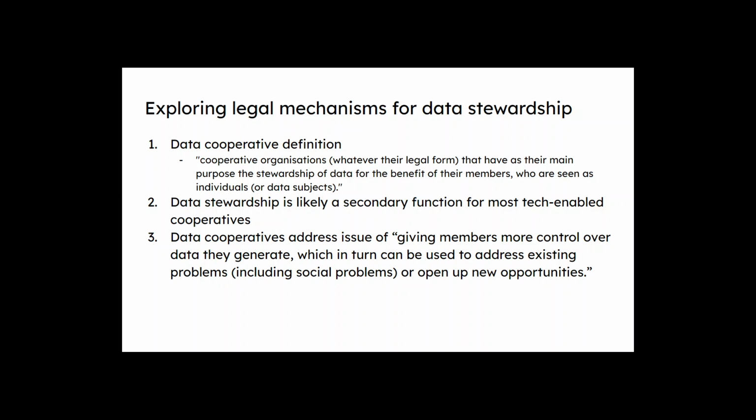I know it's not necessarily mentioned in the definition, but they do mention in the paper that there could also be altruistic or social benefits which are sought in addition to benefits directly for members. Really interesting definition there. Pretty straightforward, and pretty similar to the other definitions you'll see for a data cooperative.